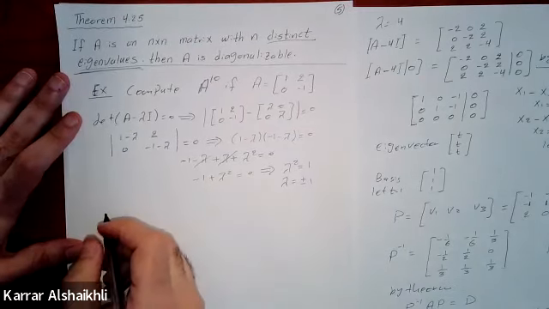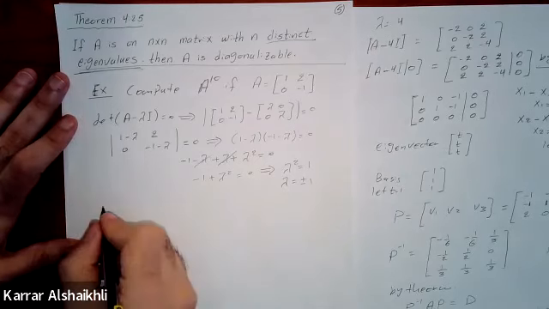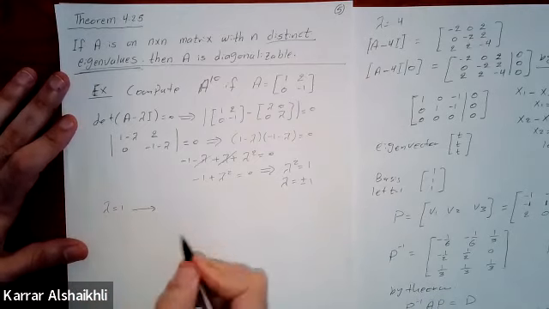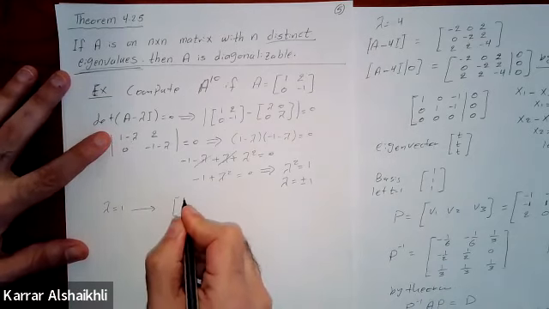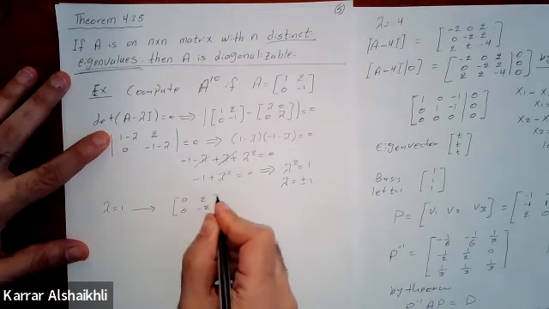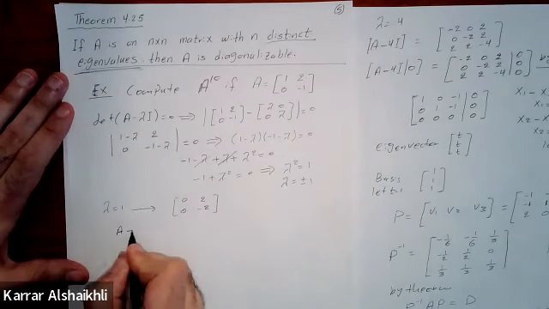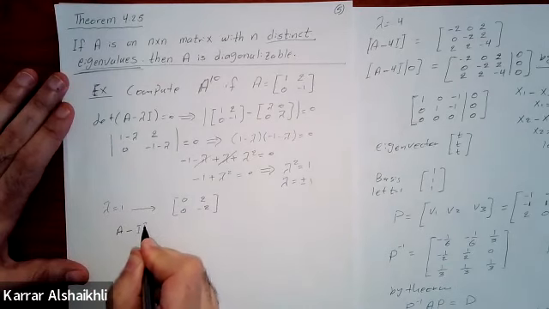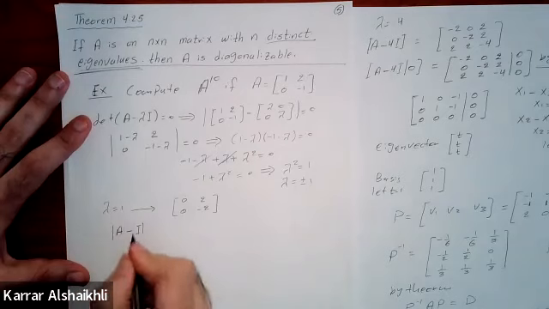Now when lambda equal 1, let's find the eigenvector. So lambda equal 1, that means we're putting 1 here. So it's going to be 0, 2, 0, -2. Okay. Now A minus I with the 0.